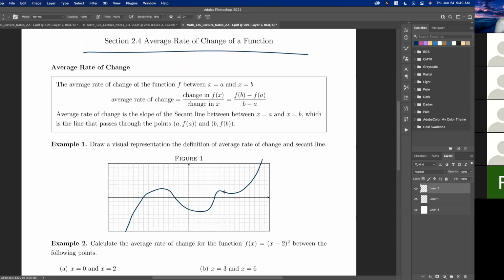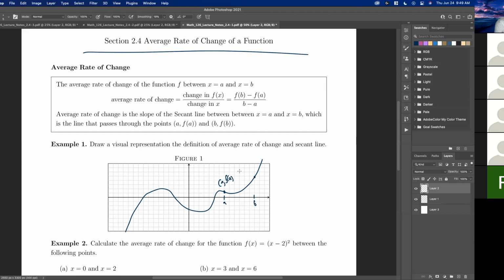And say I took a point here and called this A, and I take another point here, and I call this B. So this point right here would be A, f of A, whatever that function value is.